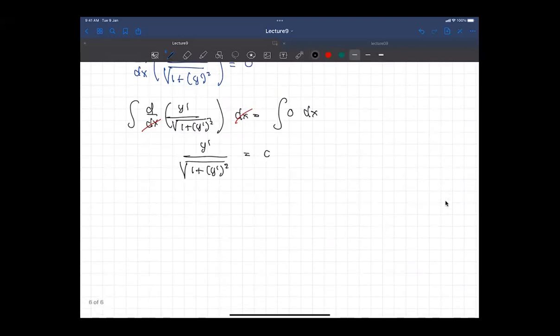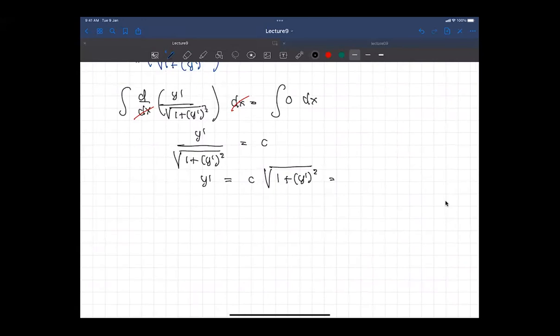Now we can have y prime. Oh, by the way, it is actually plus c as well, but in the end, c going to that way anyway. So it's c. So it's going to be much better. So y prime equals to c multiplied by square root of 1 plus y prime squared. And this one, if I put c inside, it's c squared plus c squared y prime squared.